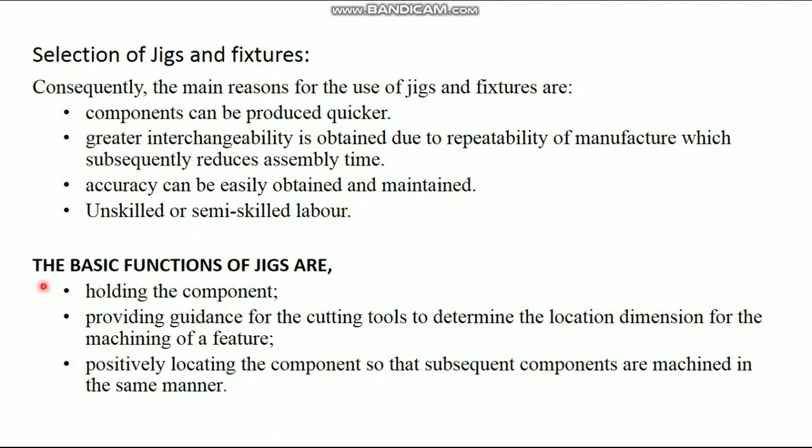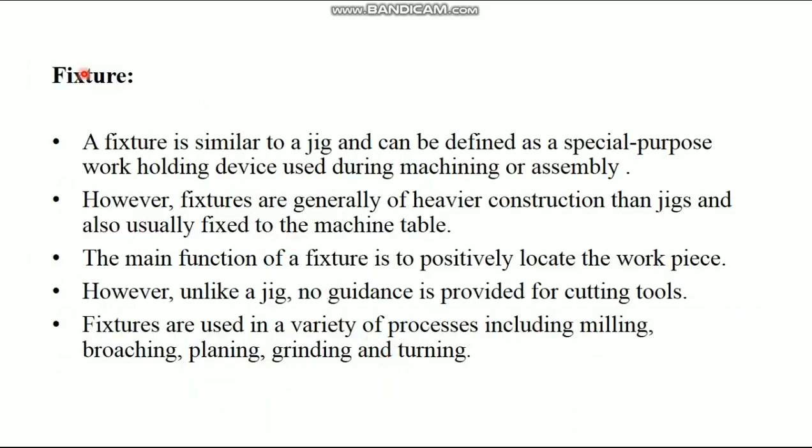Then the basic functions of jigs are: it holds the workpiece and also it guides the tool, positively locating the component so that subsequent components are machined in the same manner. Fixture. A fixture is similar to a jig and can be defined as a special purpose work holding device used during machining or assembly.